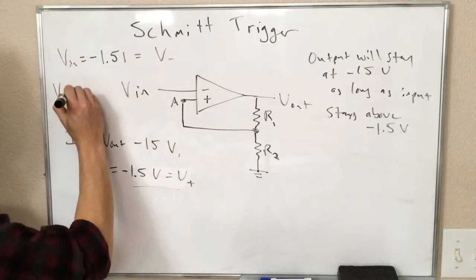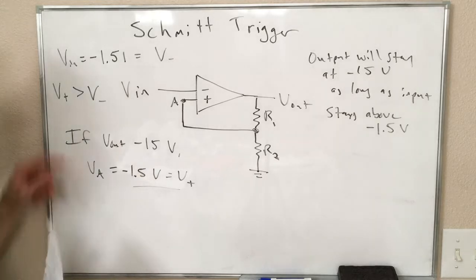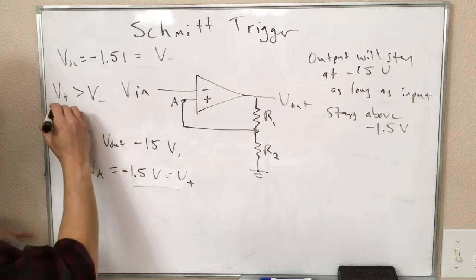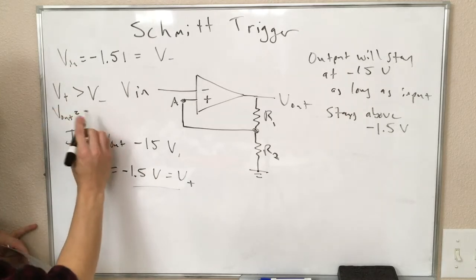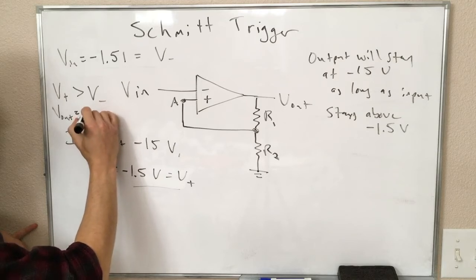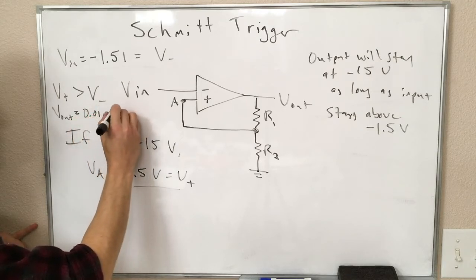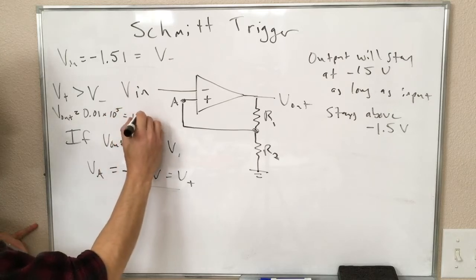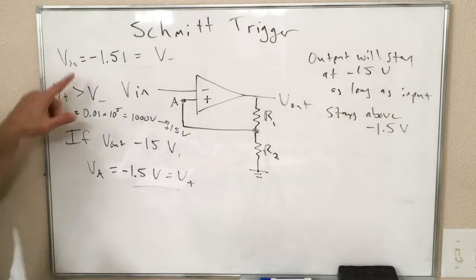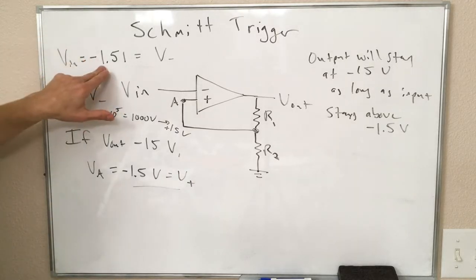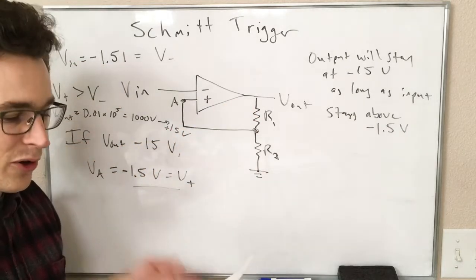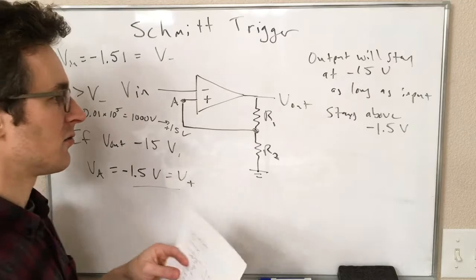Now V plus is greater than V minus, and that 0.01 volt difference is going to be multiplied by our gain at the output. So our output is now 0.01 times 10 to the fifth, which is 1,000 volts, but really that just means we will be at plus 15 volts. As soon as the input goes down as low as minus 1.5, anything like 1.51, our output is going to flip from negative to positive.